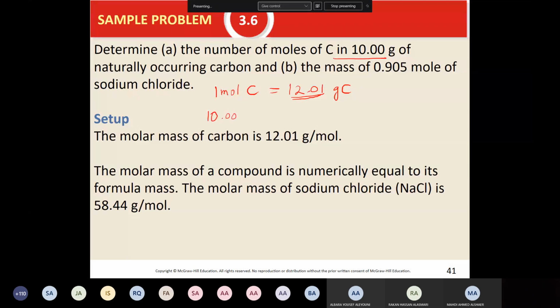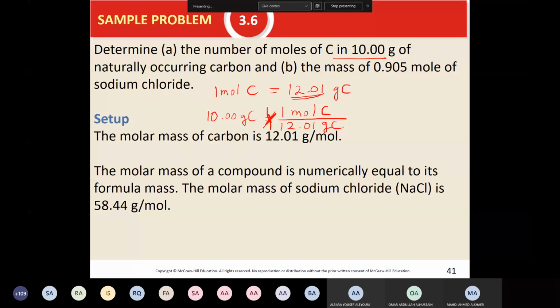10.00 gram carbon. Not divide by 12.01. I want to multiply by a fraction. What's the fraction? 1 mole carbon at the top, and then at the bottom 12.01 gram carbon.